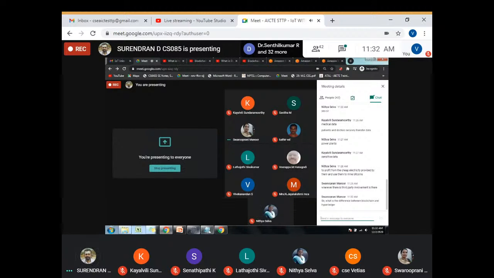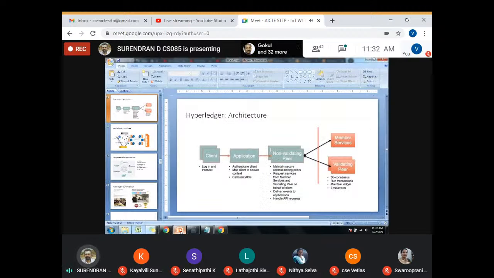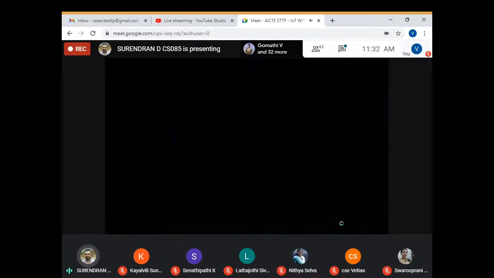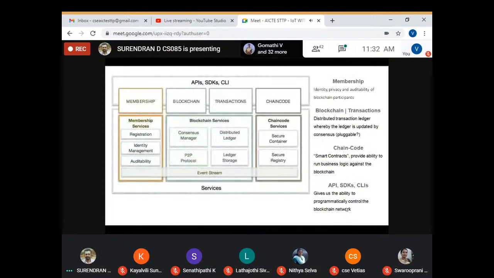Pretty fantastic. Now, as I told you, this diagram will give you an example. Like this will give you clarity, right? So you are able to understand. Distributed transaction ledger. The ledger is updated by the consensus. Now, this part of the code, or the chain code, collectively together is your blockchain.